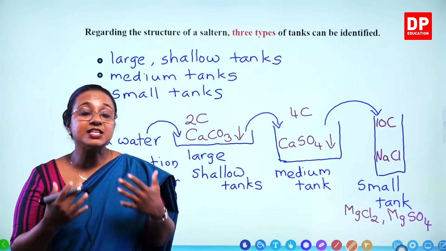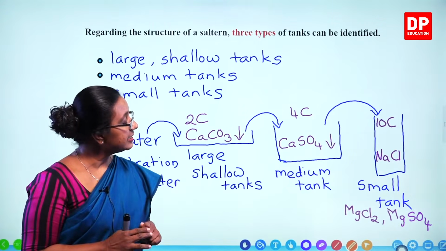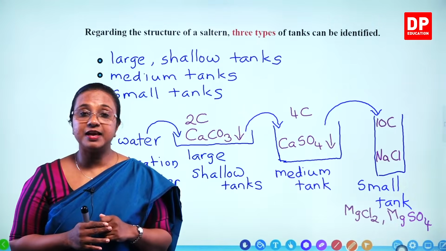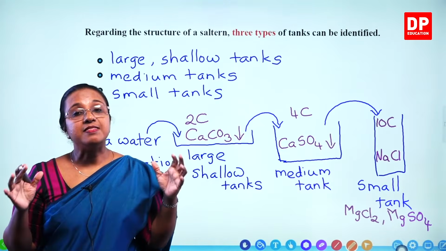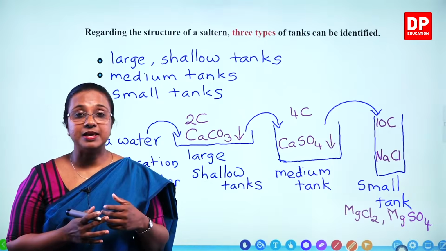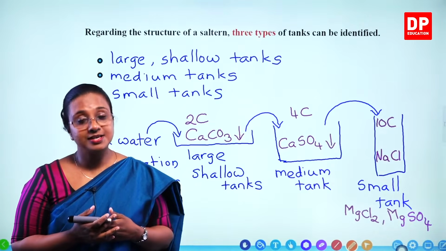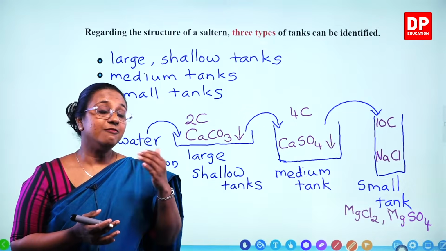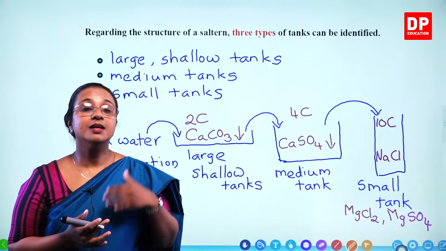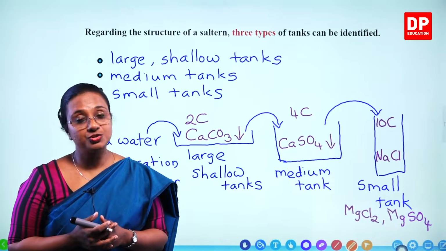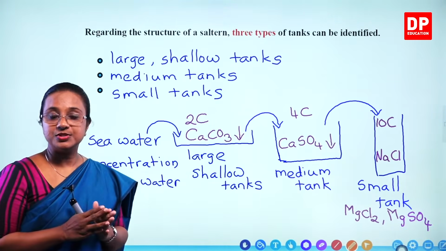They allow it to be exposed to air for about 6 months, so that the magnesium chloride and magnesium sulfate present in salt will evaporate off, and the remaining sodium chloride will be the pure sodium chloride crystals that can be used for consumption. But if we need to produce iodized salt, then there has to be another treatment that adds iodine to salt. So, this is the basic concept of producing salt.